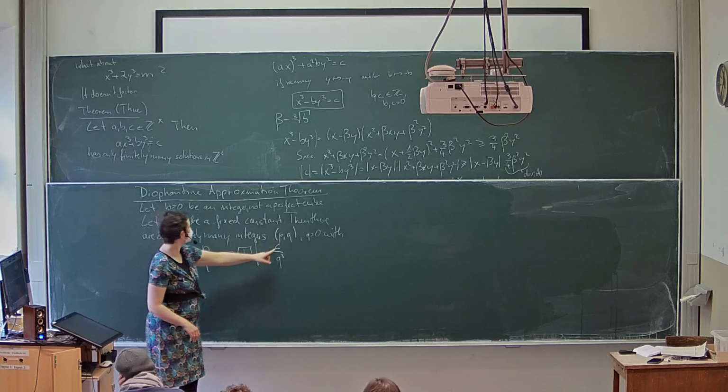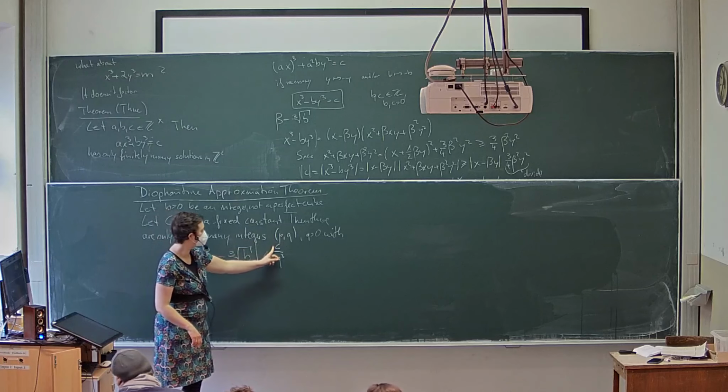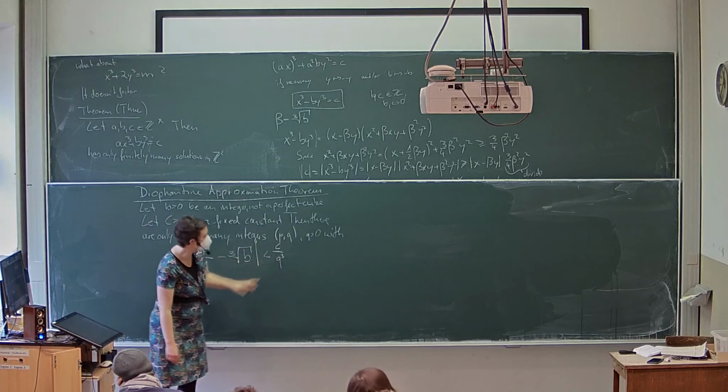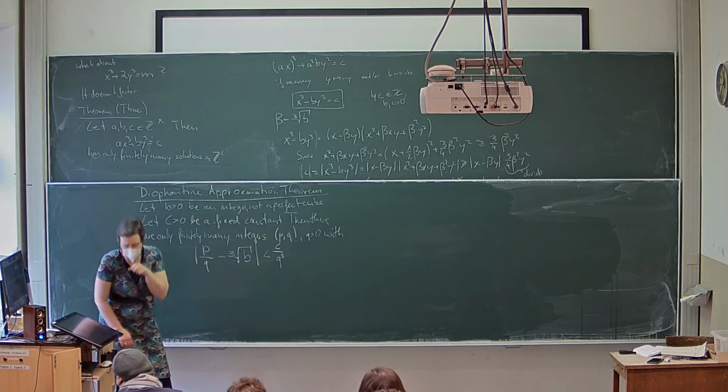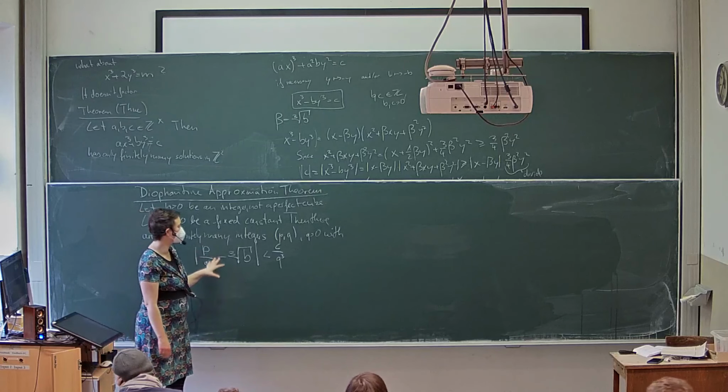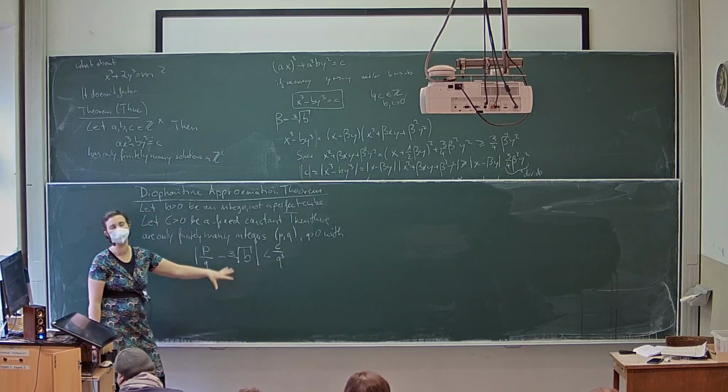So c is fixed, and depending on the size of the denominator, we can only find finitely many ways to approximate the cube root of b in a good way.